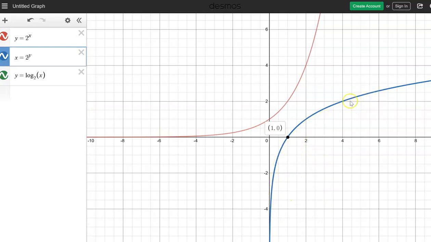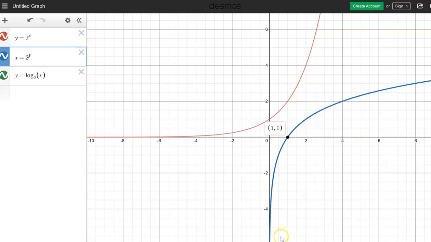A couple of things we need to talk about. Number one: notice that the exponential function had a y-intercept but no x-intercept because there was a horizontal asymptote, the x-axis. The equation of the horizontal asymptote for the exponential function was y equals 0.